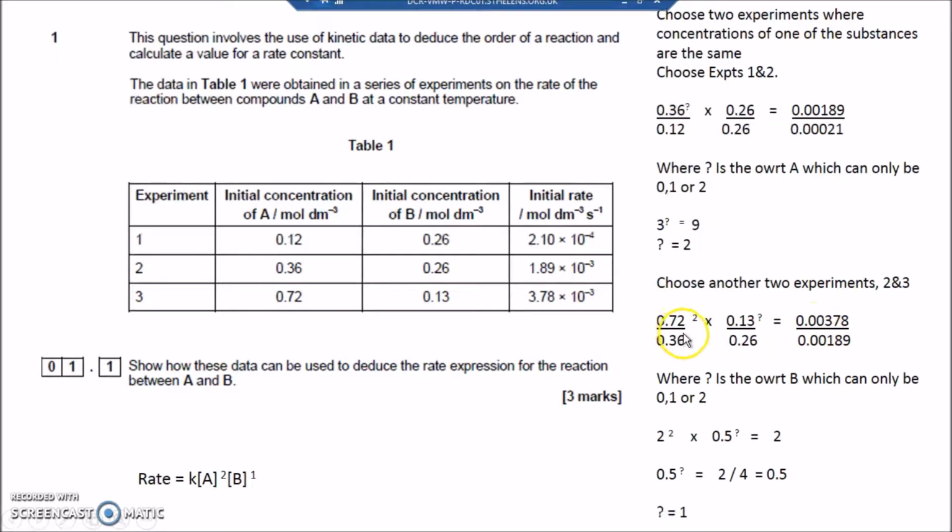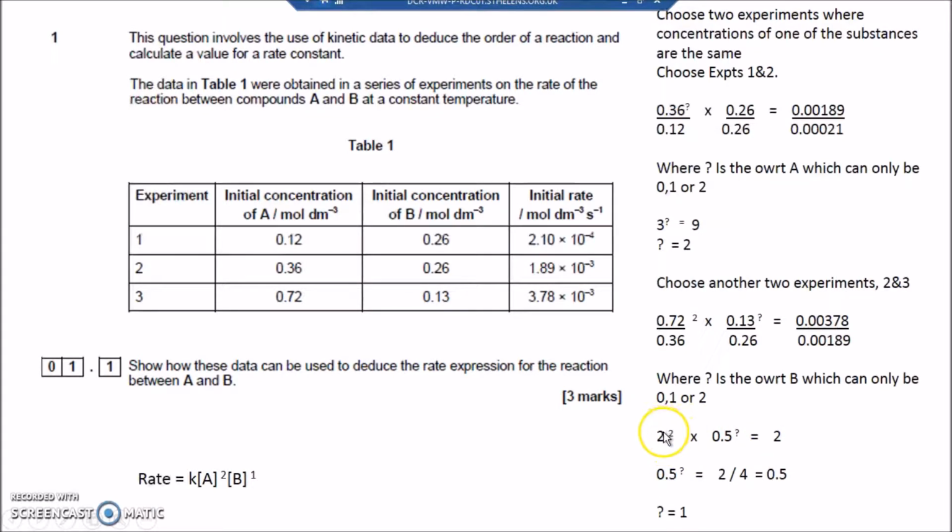And if you calculate that, this number here is a 2. 2 squared multiplied by, this is a half, 0.5 to the question mark. Remember, this question mark is the number I'm trying to find out, the order with respect to B. These two numbers divided equal 2. 2 squared is 4. 4 multiplied by 0.5 to the power question mark equals 2.